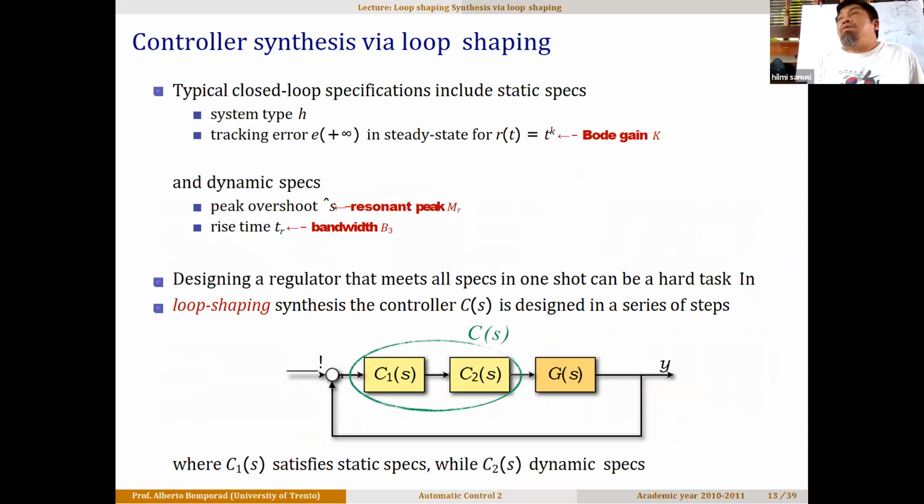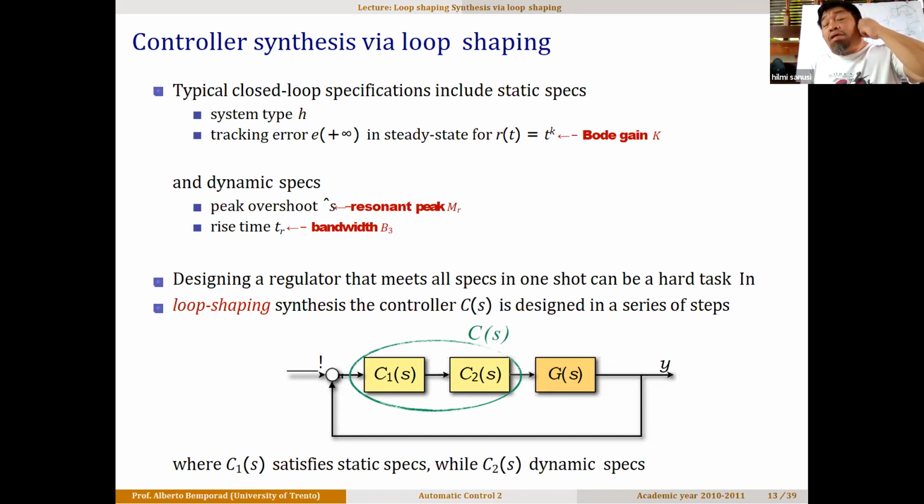If you still remember the black box experiment in the exam, how do we obtain it? It has static and dynamic measurement. Static is DC, dynamic is AC. Same thing in this. We have DC, which is step, and some AC functions, which are ramp, sine wave, and so on. So we want to design a controller that meets all the specifications in one shot.